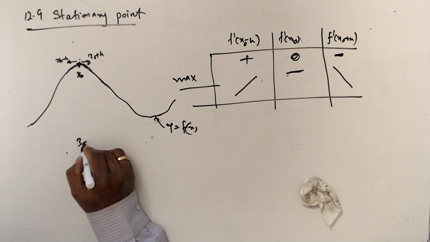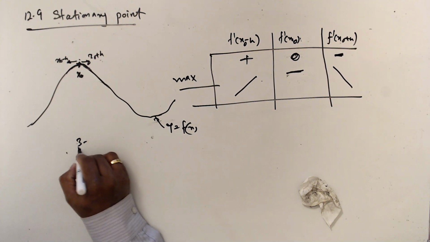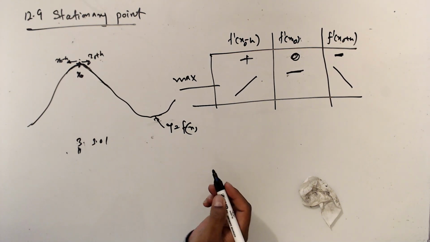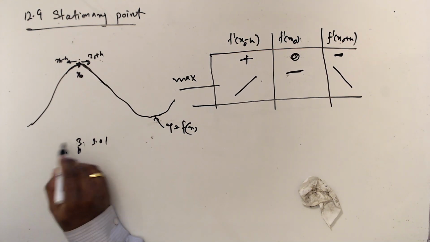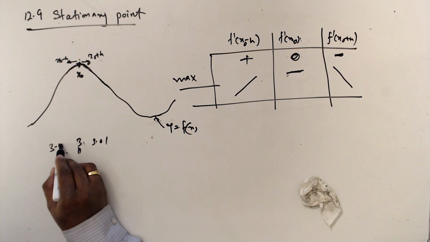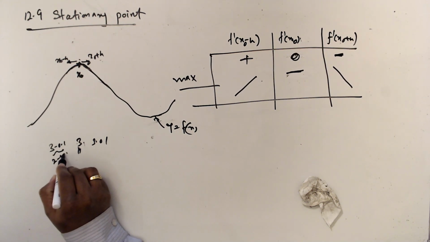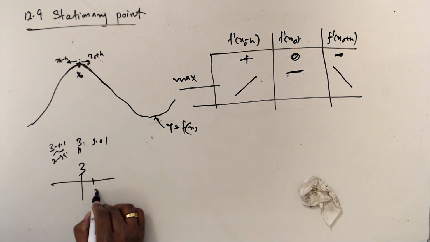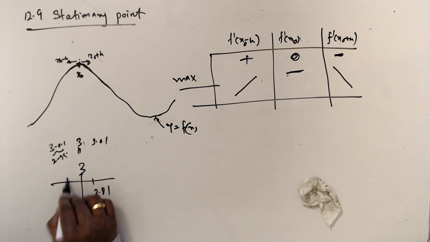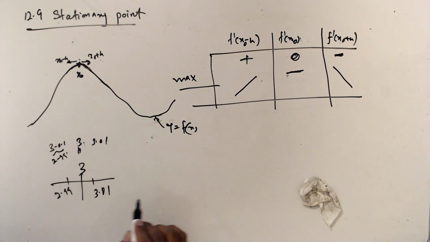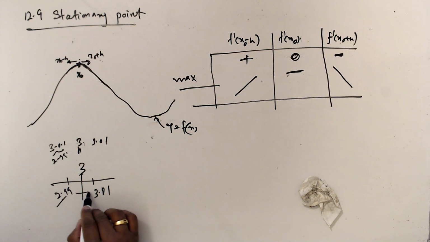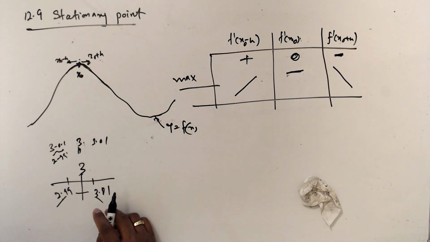You are going 3.01 to the right, and 3 minus 0.01, which is 2.99, to the left on the number line. You go and check 3.01 and 2.99. And if this is positive, dy by dx 0, and yes, it is a maximum.